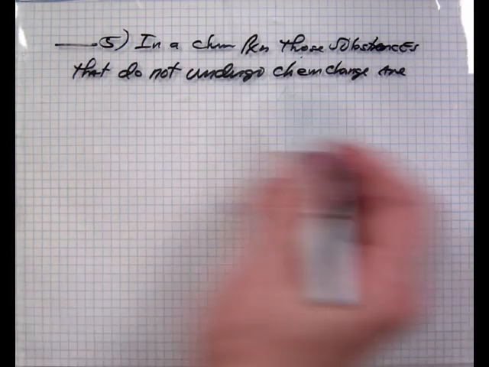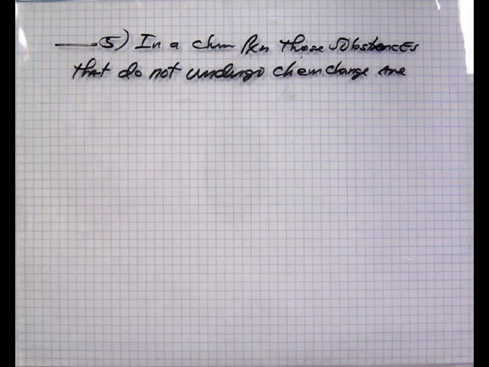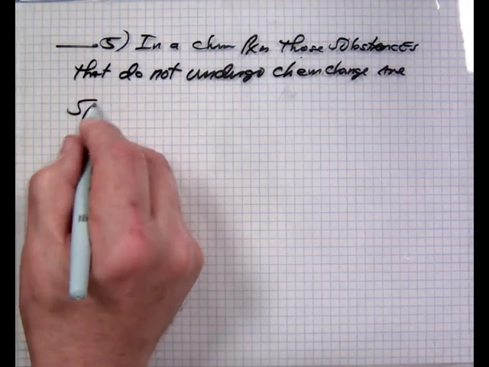But in a reaction, substances that do not actually undergo a change are referred to as spectator ions.